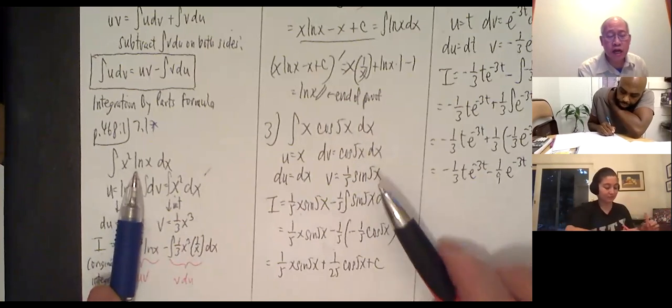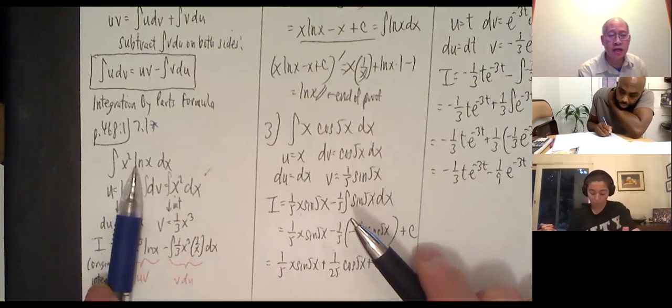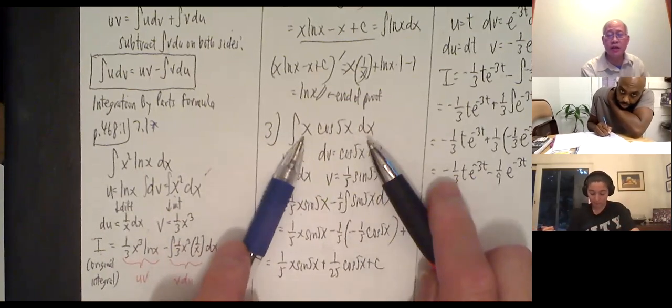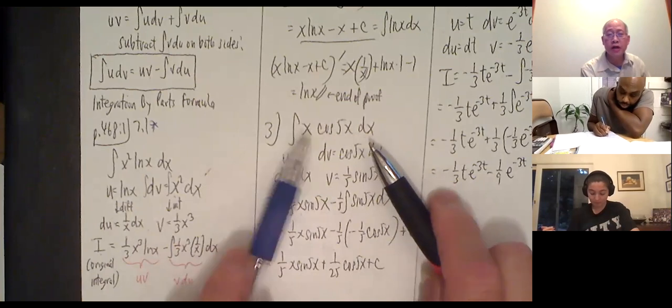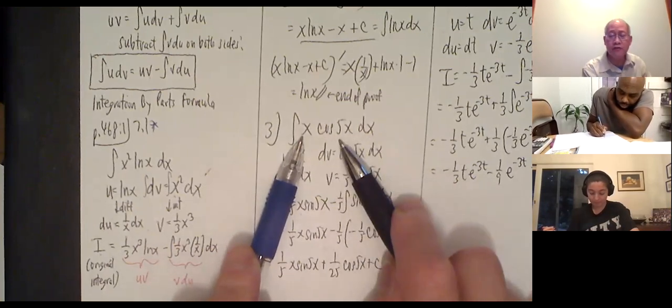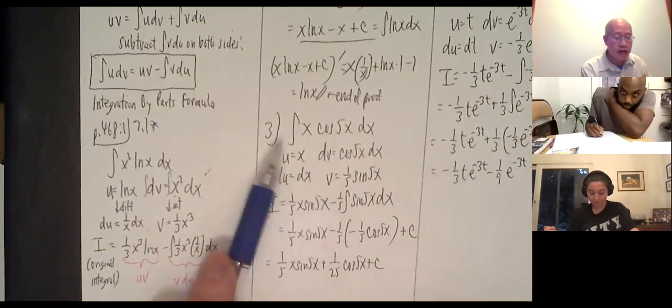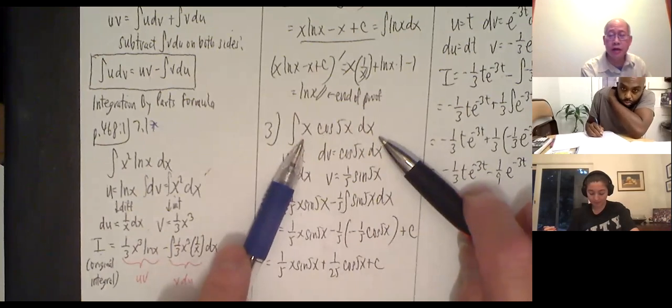Now we know that when we have an ln, we prefer to differentiate ln. So normally let u be the ln part. What happens if I have this? Again, I have two choices. I can let u be x and dv be all the rest of the stuff, or I can let u be cosine 5x and dv be these two combined.